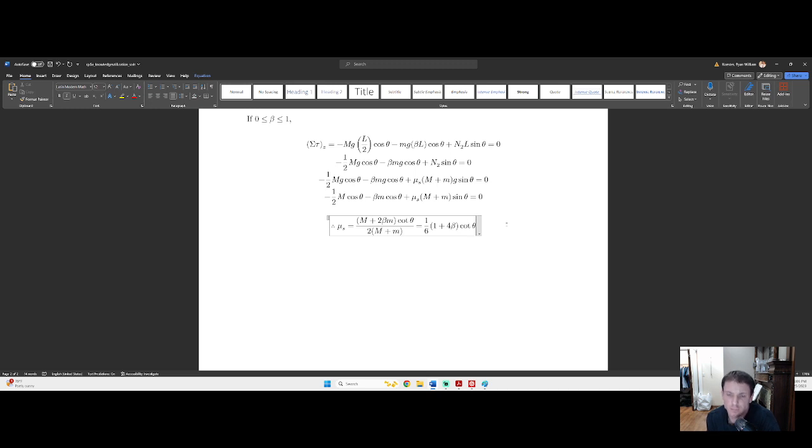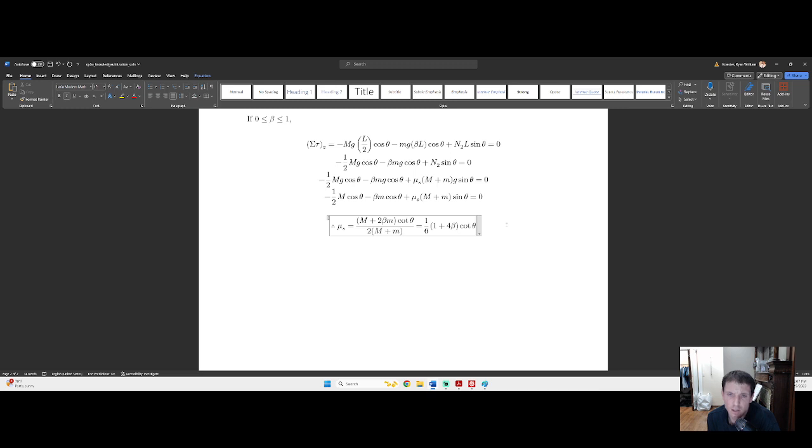Now, I think that we just have to say that beta is equal to 1, because that is when the contribution to the torque is largest, right?